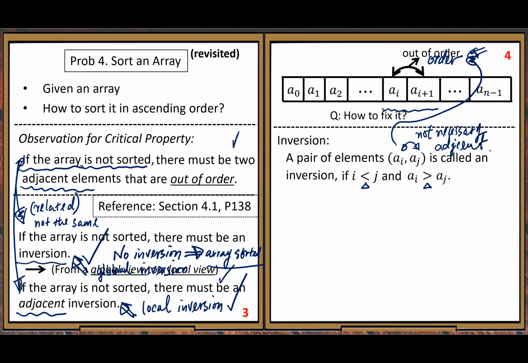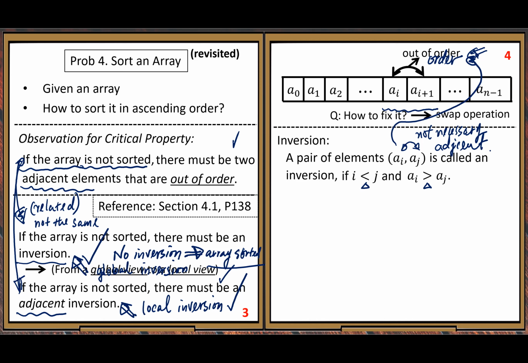How to fix the problem? We just want to fix an adjacent inversion. Think about that. Can we eliminate adjacent inversions? All the adjacent inversions we want to eliminate. That's the special view for this new solution.